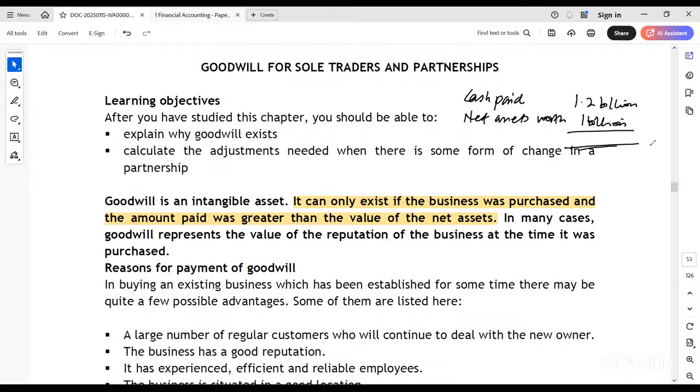So there is some excess of 0.2 billions.